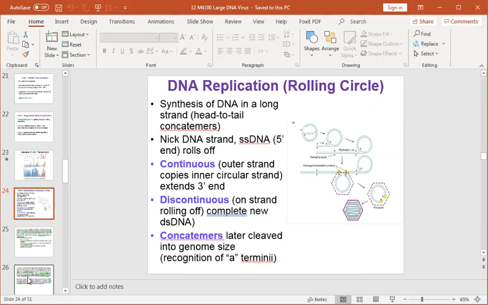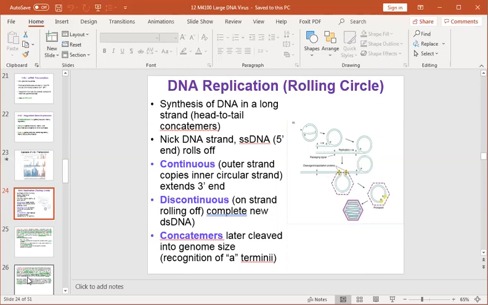The head of one piece is attached to the tail of another piece, so we call them head to tails, and they form concatemers. Remember, I told you earlier that one of the strands has a nick. The nicked DNA strand is a single-stranded DNA at the 5' end that starts rolling off.